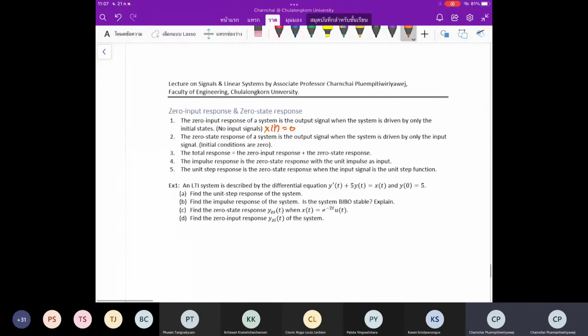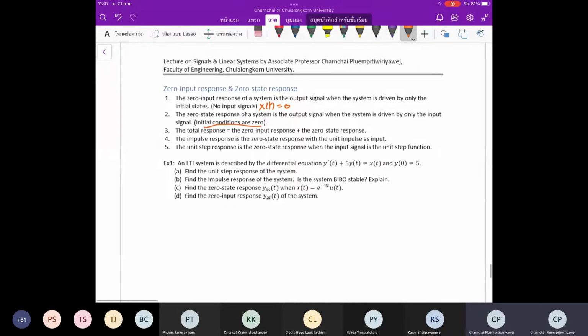So in this case, all the initial conditions must be 0, so y(0) equal to y prime at 0 equal to dot dot dot up to y^(k-1) at 0 is 0. This is called the zero state response. And the total response is the zero input response plus the zero state response.